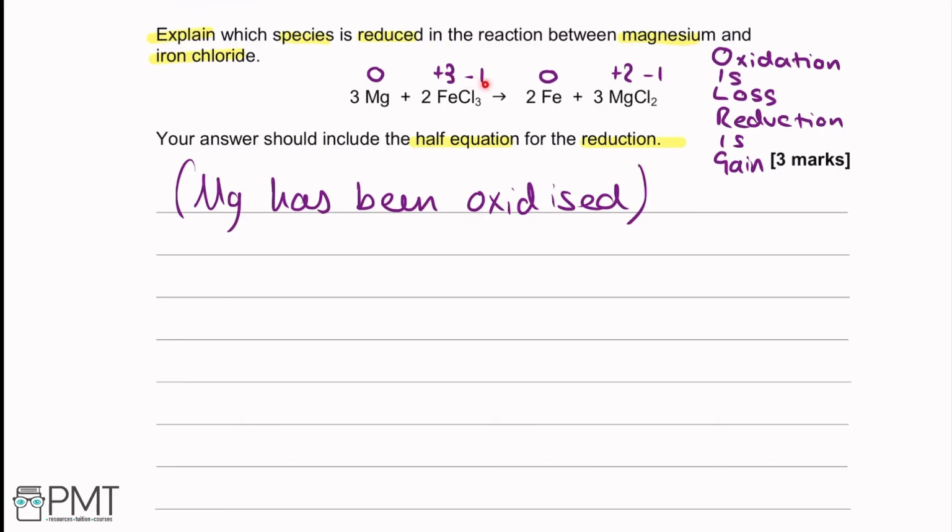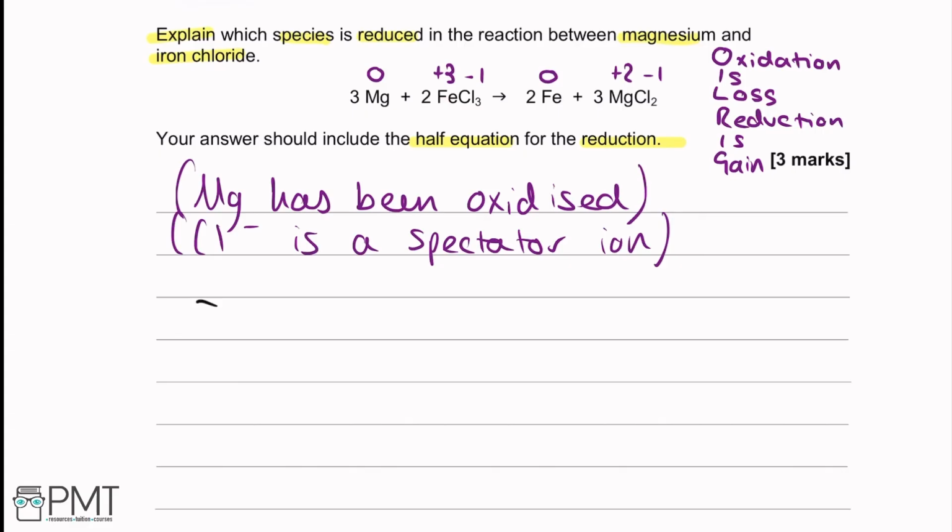Now notice that Cl doesn't change. So we could write that Cl- is a spectator ion. Okay, now what the question's asking for, what has been reduced, so what has gained electrons, well, that's going to be the iron 3+.